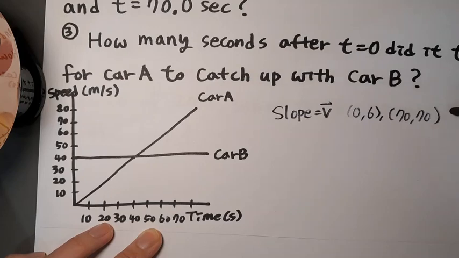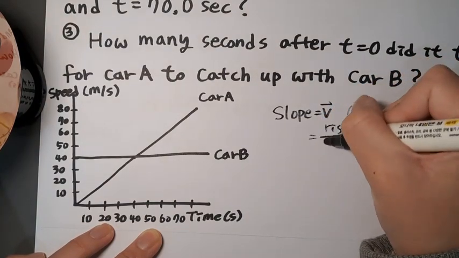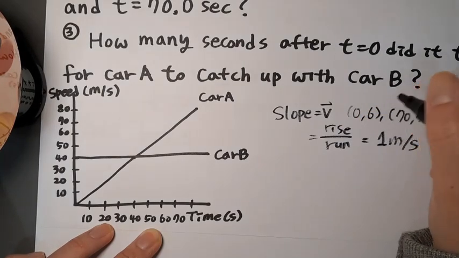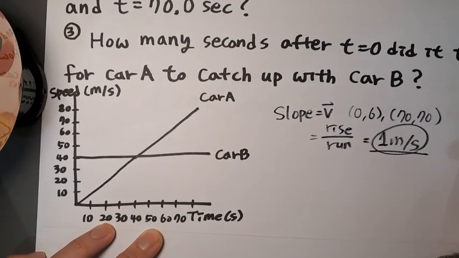So the slope is going to be rise over run, so you can find 1 meter per second is going to be the slope. So this is going to be the answer of the first question.